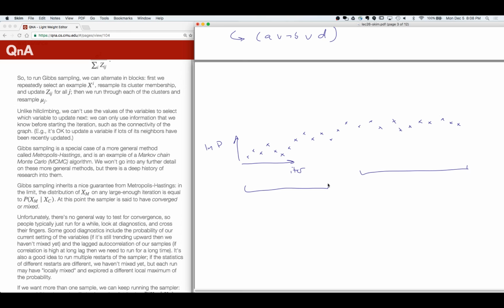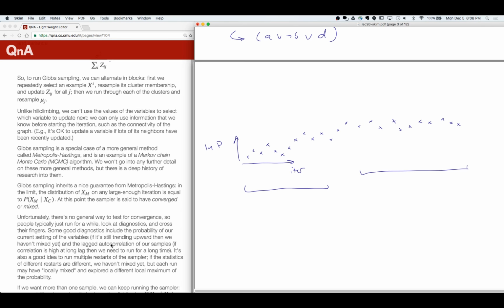Another diagnostic is to look at the autocorrelation of the settings of any given variable. The autocorrelation is just the correlation of that variable with its setting k iterations later. If things are going well, the autocorrelation will be low once you get past a certain distance, a certain lag.